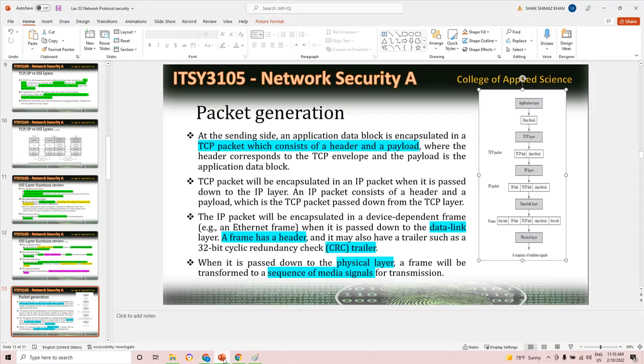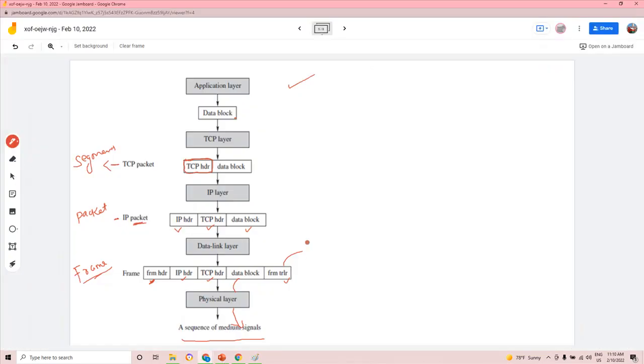Another name for the frame trailer is CRC, cyclic redundancy check, to check the integrity of the data. The size is 32-bit.